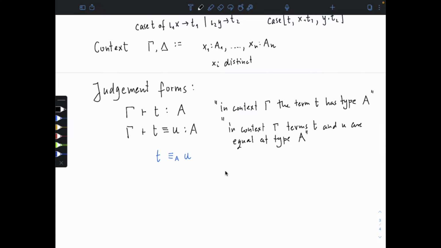Okay, so the other judgment form is about equality, so the things are equal. This is what gives life to the calculus. If we didn't have the second form, if you just had the first one, then all we could ever observe is that we built some terms, right? We built a term.